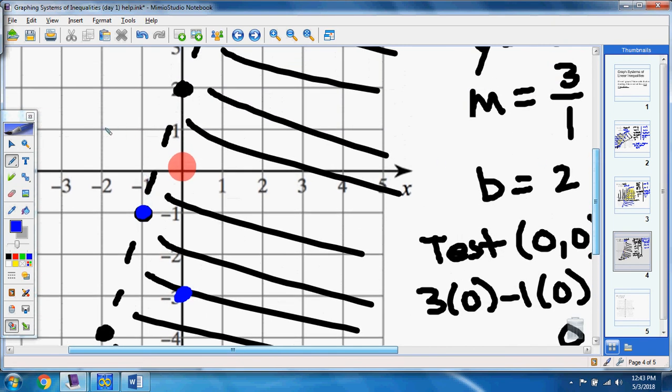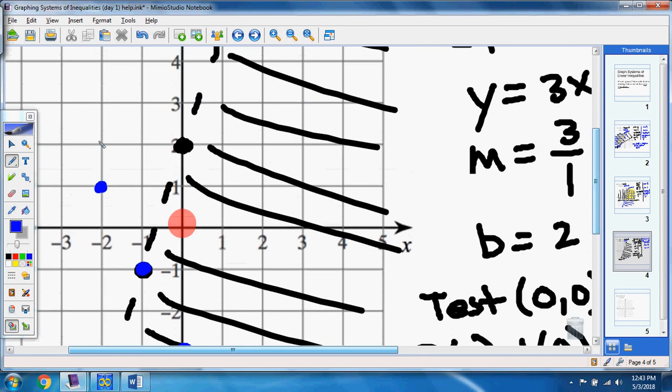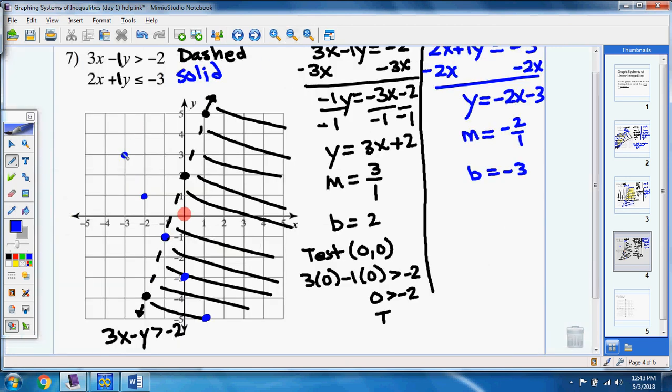Up 1, 2, left 1. You can do it again if you want to. I know some of you make your line all the way over. This is a solid line. I'll give you a moment to catch up before we test our origin.